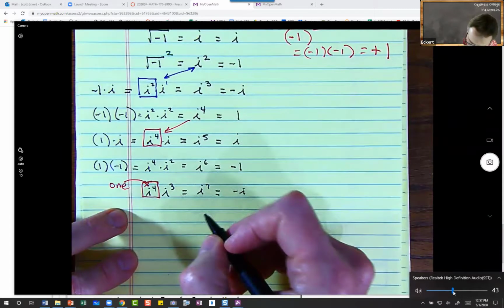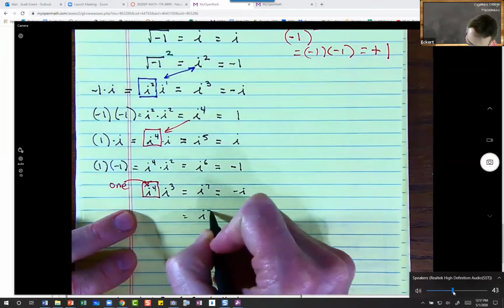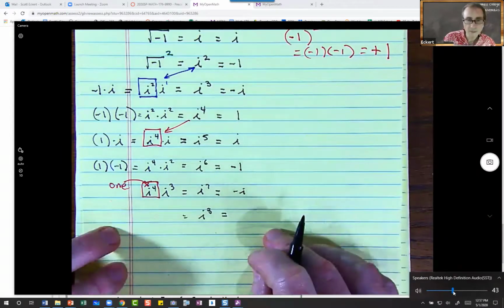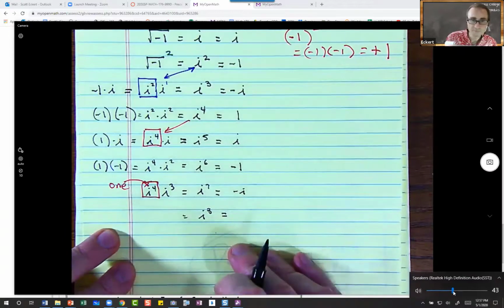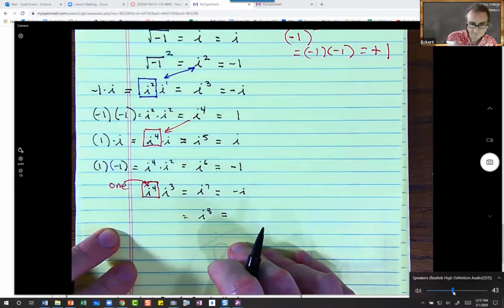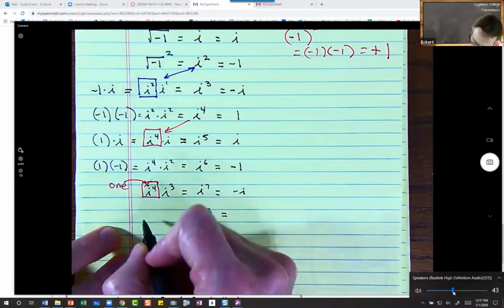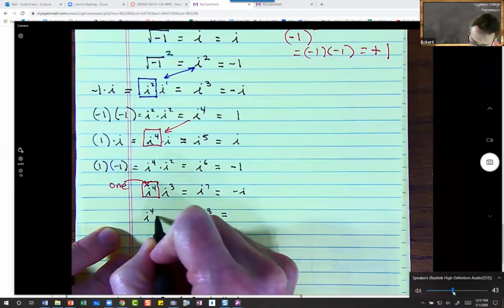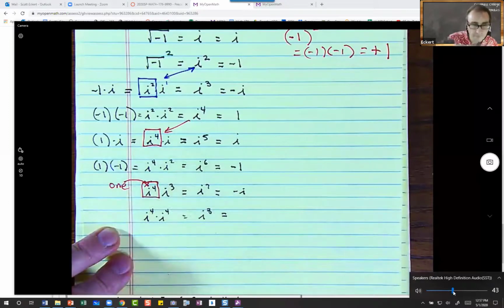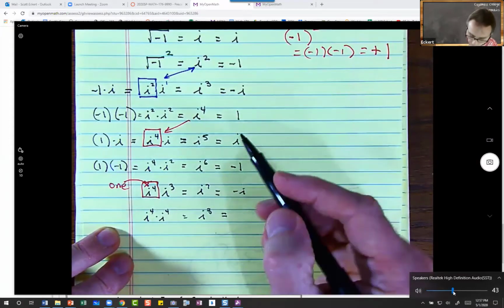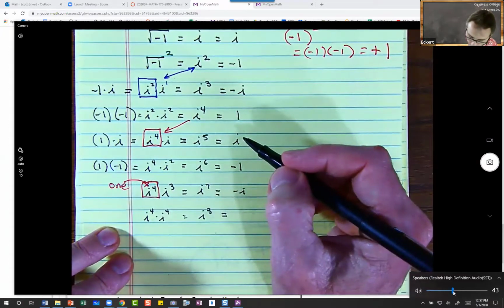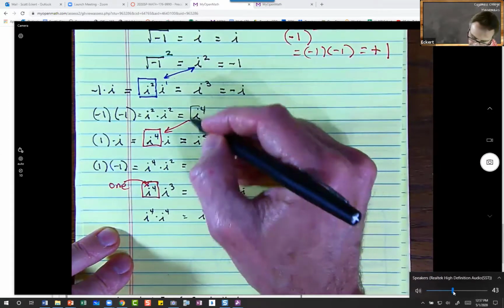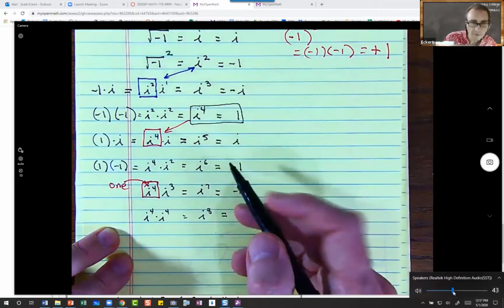And then i to the 8th power. What is i to the 8th power going to equal? Well, i to the 8th is like i to the 4th times i to the 4th. And up here, an important answer: i to the 4th equals 1.